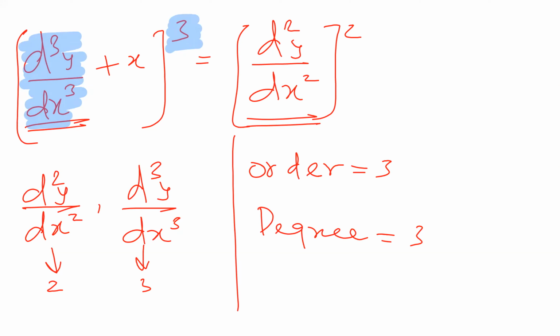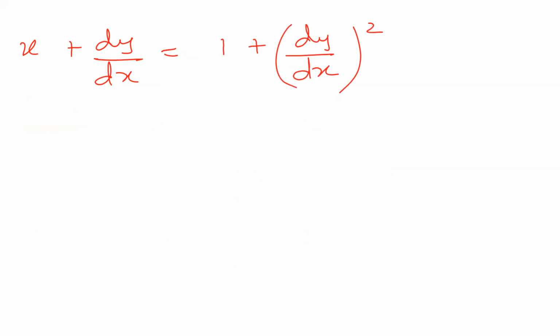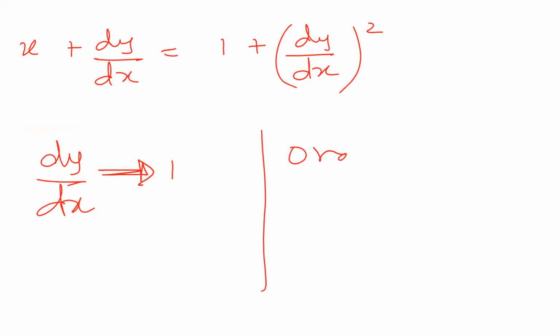So one more example. x plus dy by dx is equal to 1 plus dy by dx the whole square. There is only one differential present in the problem, that is dy by dx. Its order is 1. So the order becomes 1, and now the degree. I'll highlight wherever there is dy by dx.